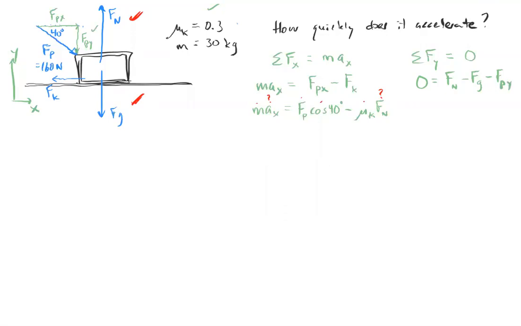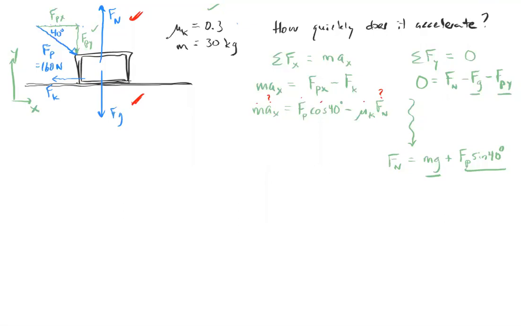And if we, let me give myself a little bit more space when we move down here. We've got F sub n is equal to F sub g, which is mg, plus F sub p, not cosine of 40 degrees, but sine of 40 degrees, right? We just moved the forces to the opposite side from F sub n in our equation.